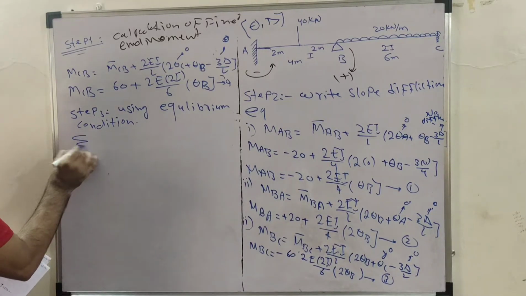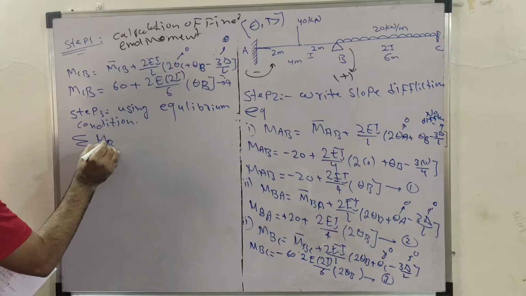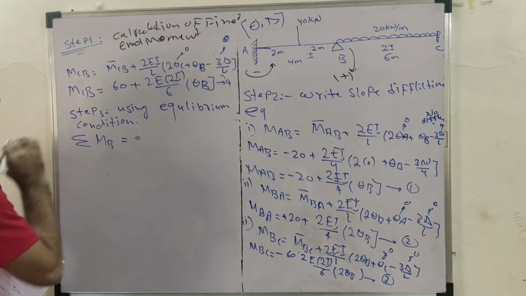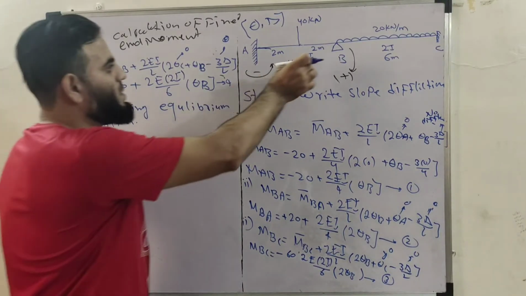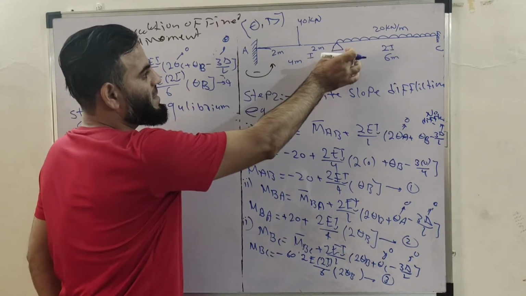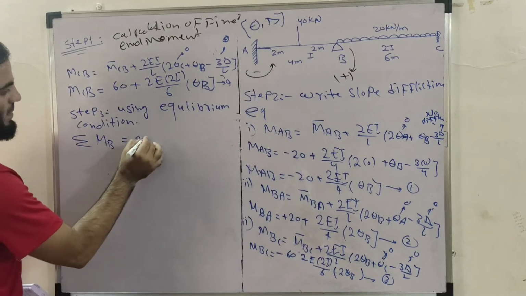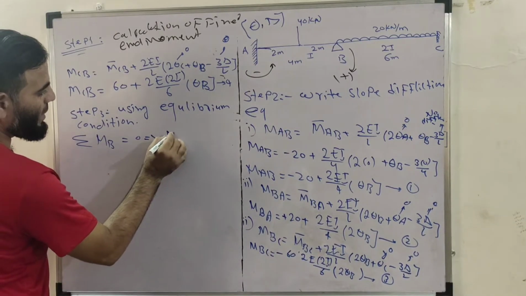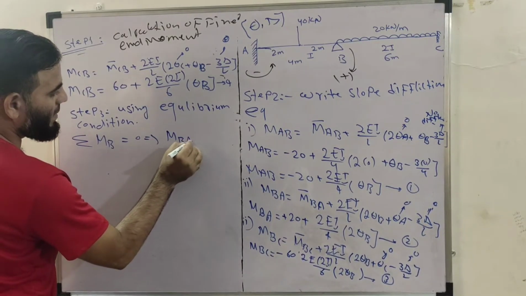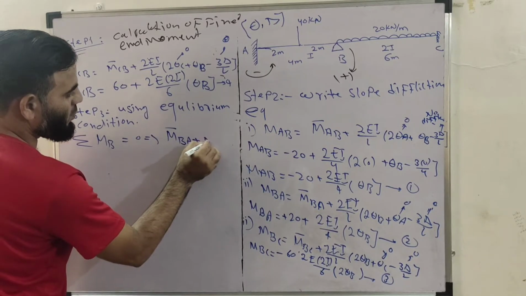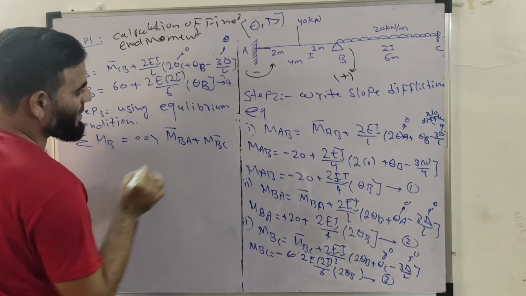Now summation of moment of B is equal to 0. At joint B we have two moments, BA plus BC. This is equal to moment of BA fixed plus moment of BC fixed.